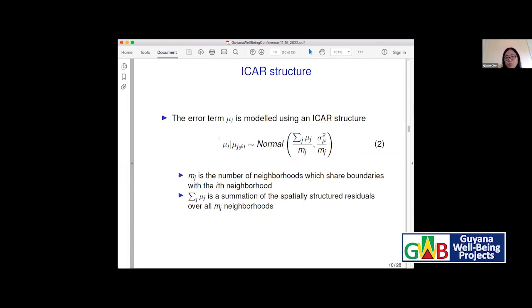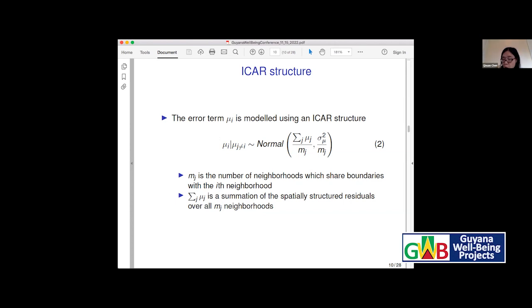We define surrounding neighborhoods as the neighborhoods that share a boundary with the neighborhood i we are looking at. So the basic idea is, if I am in a neighborhood, my neighborhood's effect has a distribution, but its average should be equal to the average of all my surrounding neighborhoods. That will guarantee my neighborhood is in some way similar to my nearby neighborhoods.